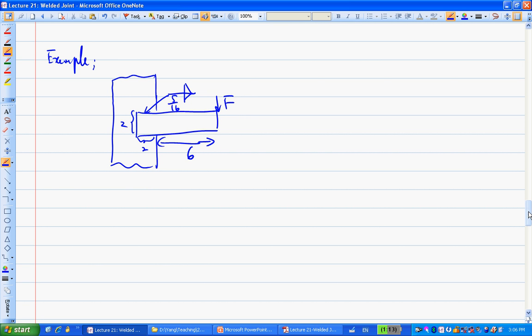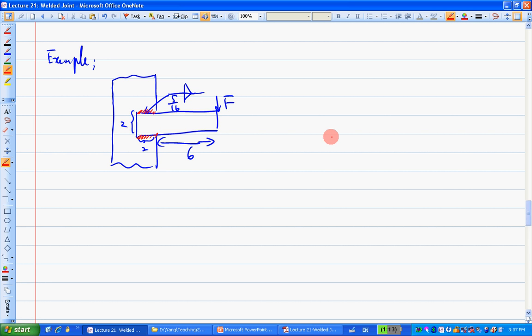All right? So to calculate the stress at the critical location, first of all you have to look at what the weld group looks like. What's the geometry of the weld group? Where do you get the information from? This symbol here. The weld group means you have a portion here and a portion here.